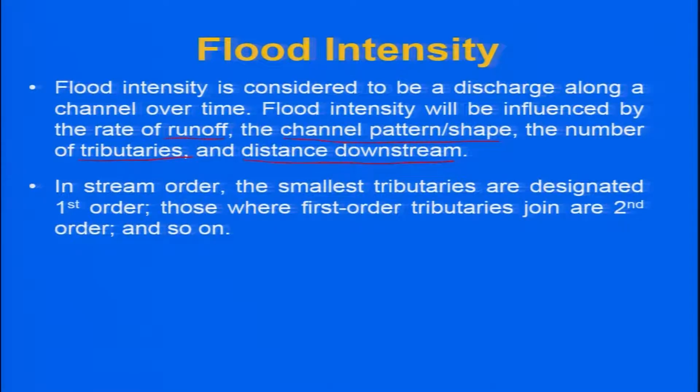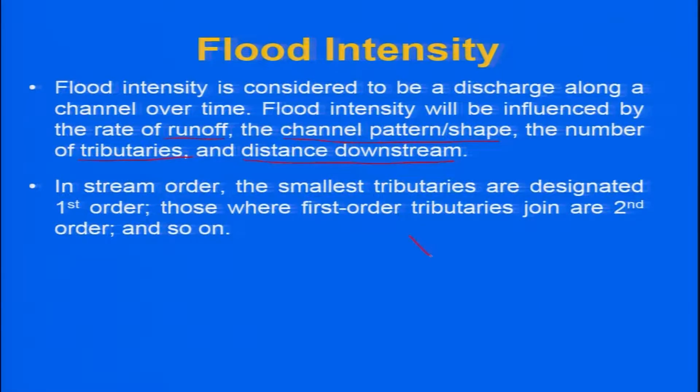So the stream order, usually what we do, as I was explaining in the previous slide, is that the smallest tributaries are designated as first order, and then if two first order streams join, you have second order.